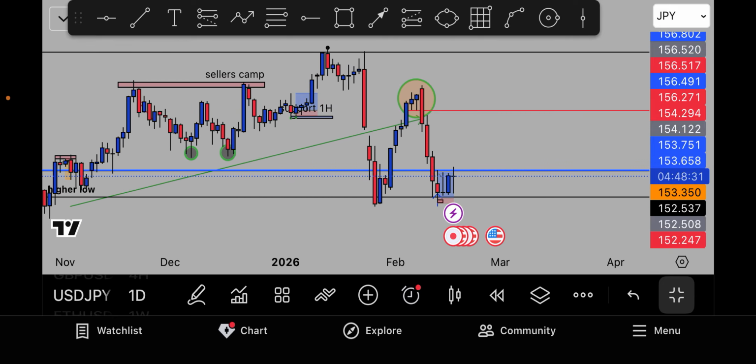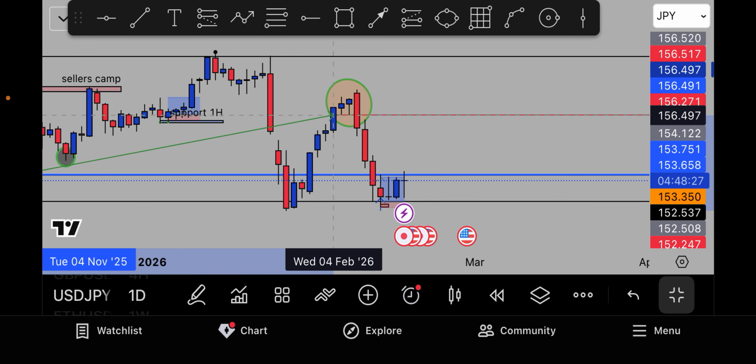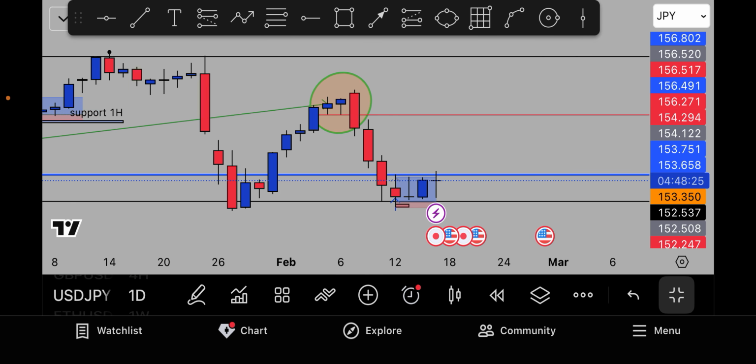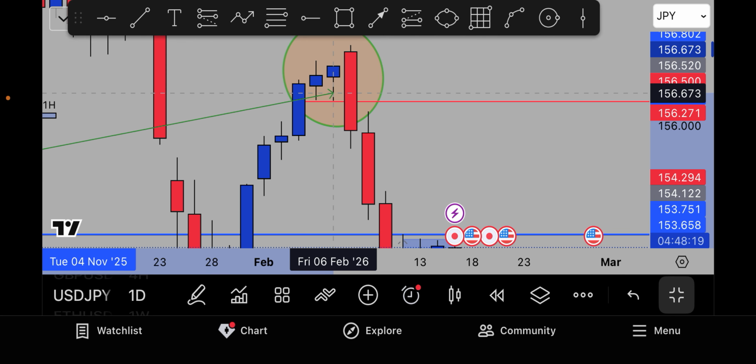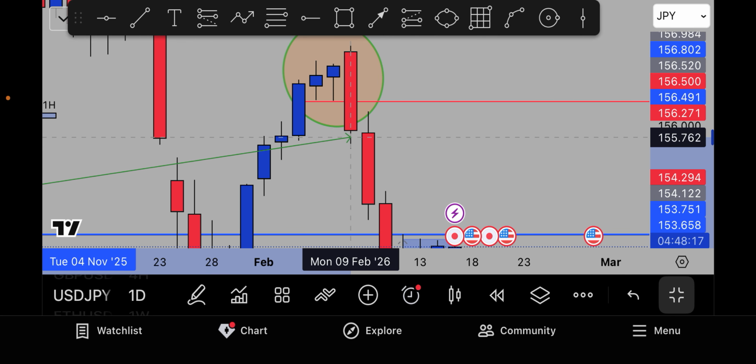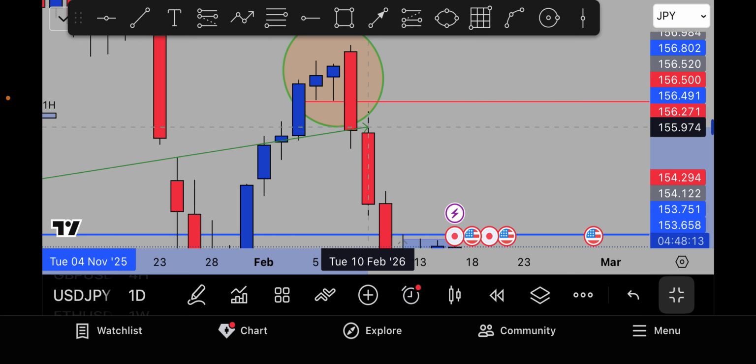So looking at this, from this point of view, we see that price was going up, and then right below this bullish candle's wick, this blue candle's wick, we see that this red candle closed out this wick, or closed out this candle.